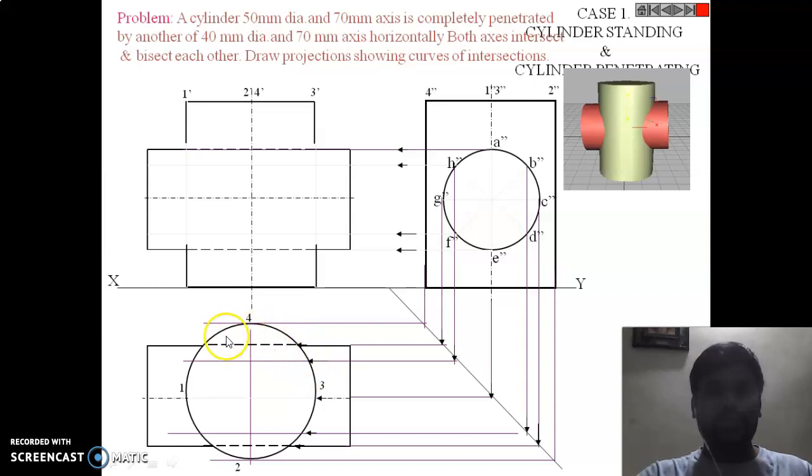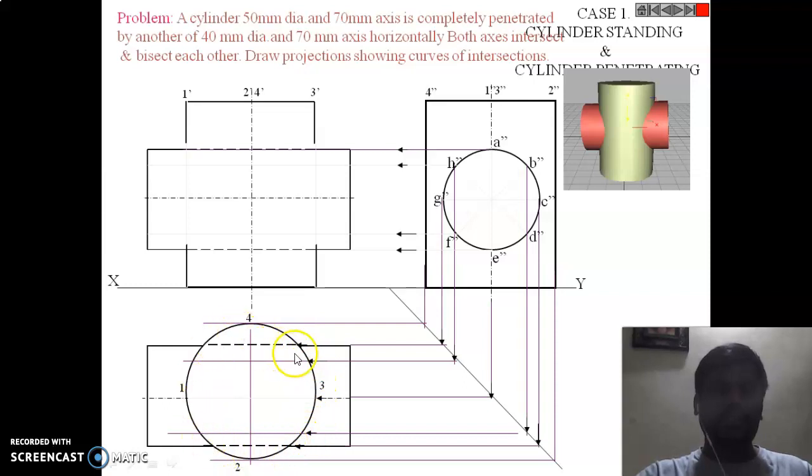When you look at this circle and pass the projectors from this, these projectors come and intersect this circle. If you see this arrow mark indication, this circle is cutting this circle at different points, here, here, here as well as here, and on either side, this side also, isn't it? Then only I can see this rectangle. This is being cut by this rectangle. So these are the intersections.